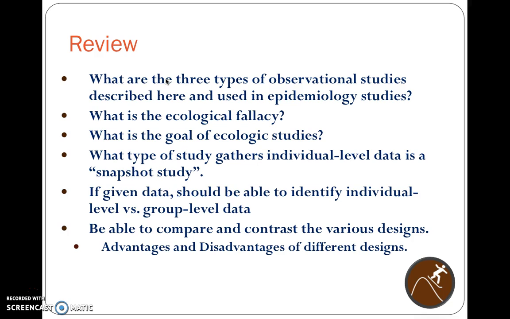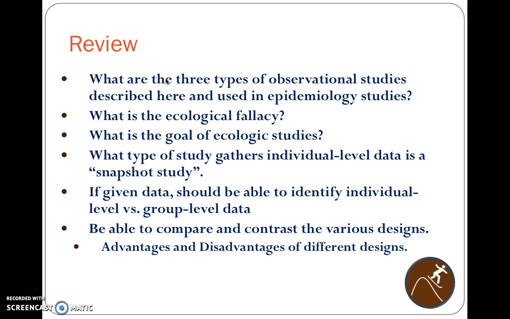What type of study gathers individual level data at a single snapshot in time? So we survey people, we get individual level data at a single point in time. What type of study would that be? The best answer for that would be a cross-sectional study.